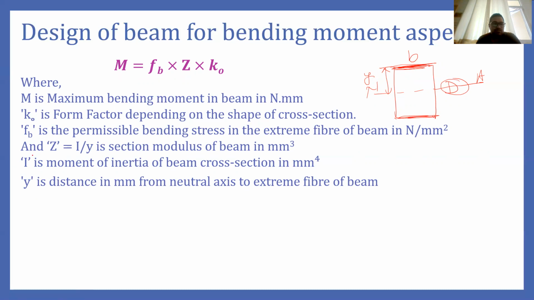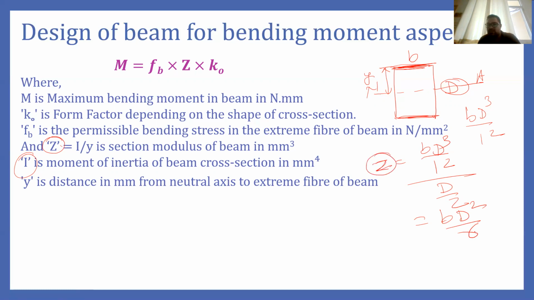I is the moment of inertia about the neutral axis, which is bd cube by 12. So Z becomes bd cube by 12 divided by d by 2. Solving this, we get bd square by 6. So Z for a rectangular section is bd square by 6.